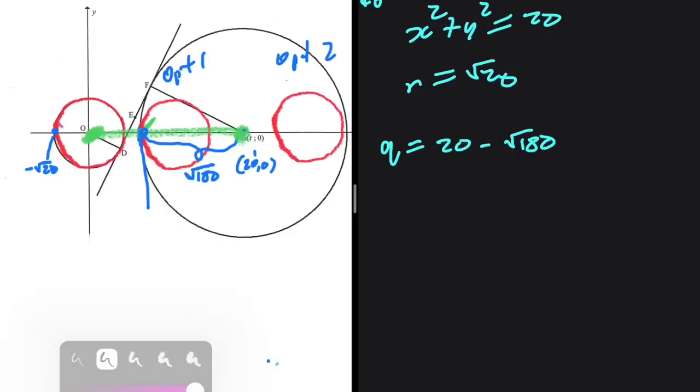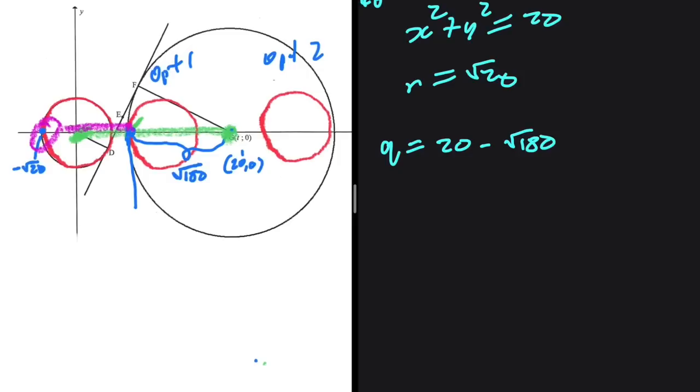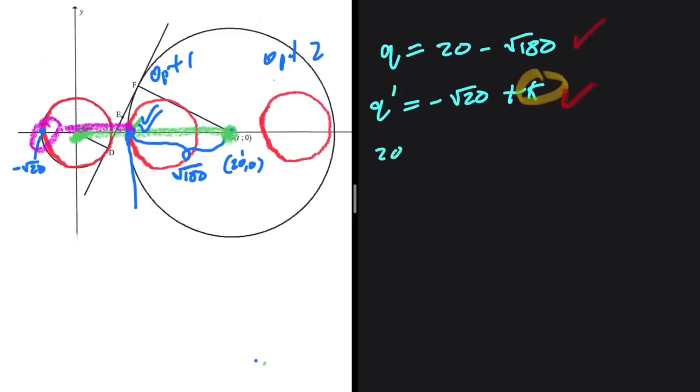We want to move this x coordinate such that it equals 20 minus the square root of 180. We can have an equation for that which we call q prime. So q prime is equal to minus the square root of 20 plus k. When q prime is equal to q, we can determine the value of k such that the circles touch at this point. So that is 20 minus the square root of 180 equals minus the square root of 20 plus k.